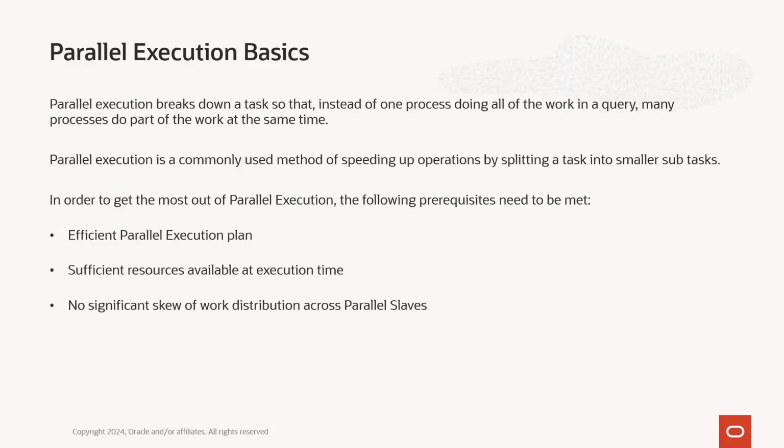To get the most out of parallel execution, the following prerequisites need to be met: an efficient parallel execution plan, sufficient resources available at the time of execution, and no significant skew of work distribution across parallel slaves. Not limited to this, but these are the main prerequisites.